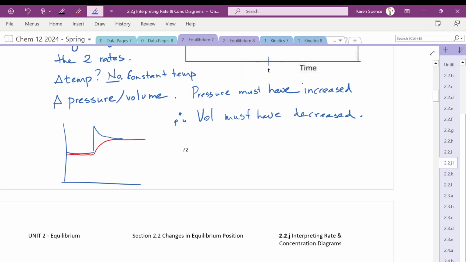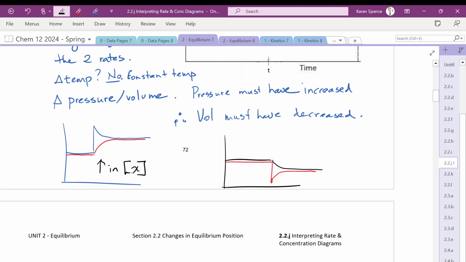Or if I've removed something, if I've decreased a concentration, one of the rates decreases and then comes back up, and the other rate will then meet it. So this would be an increase in concentration of something, yes?